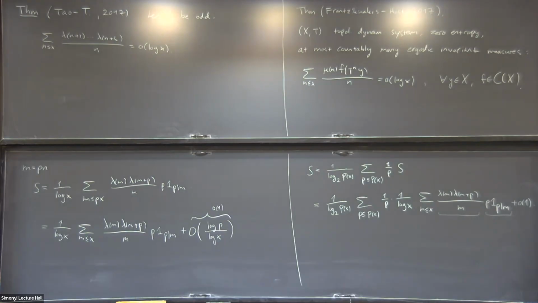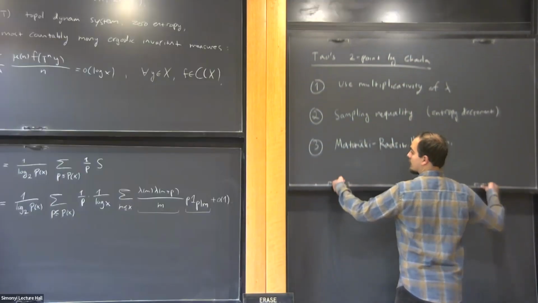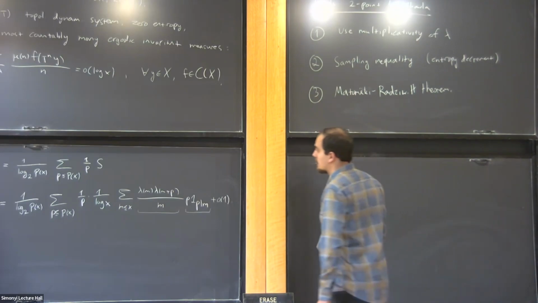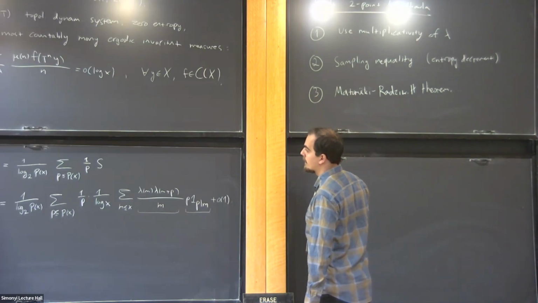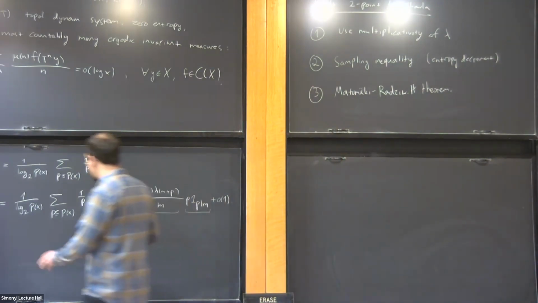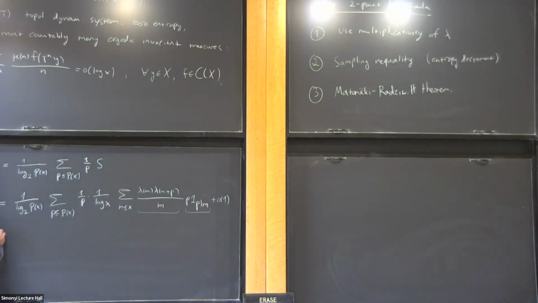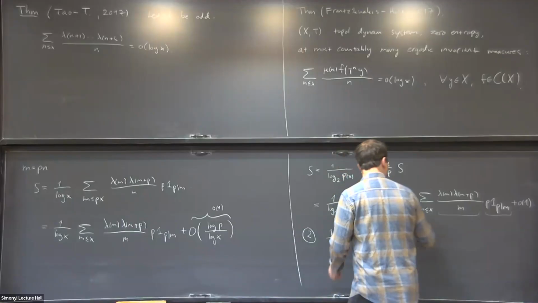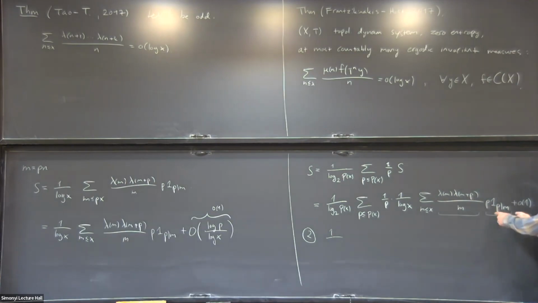Okay. So this was step 1. And let me just say step 2 is going to be the proof that the same expression, but with a -1 here, is going to be small.